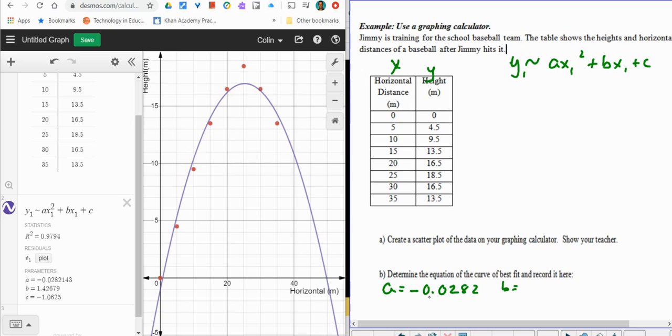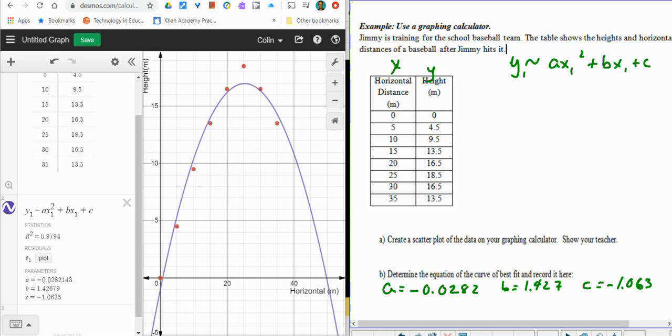If you notice, all negative ones end up opening downwards. B is 1.4427. And C is also negative 1.063.